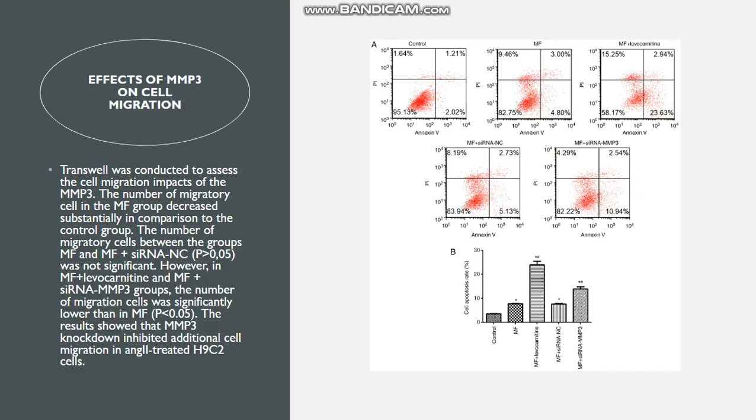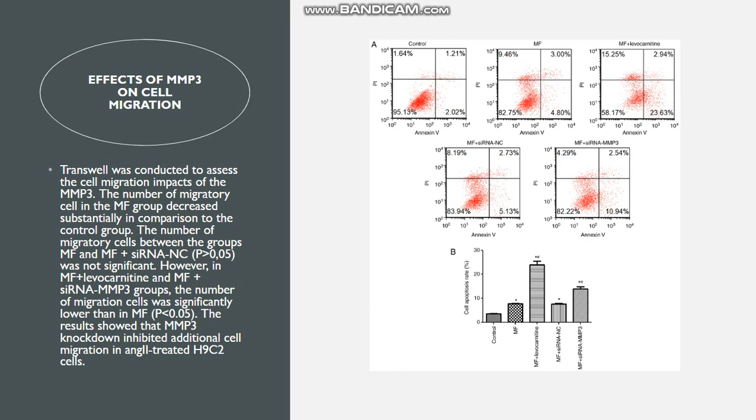So, the effects of MMP3 on cell migration. What is it? As you may see from the picture, the transwell assay was conducted to assess the cell migration impacts of MMP3. The number of migratory cells in the model group decreased in comparison to the control group.